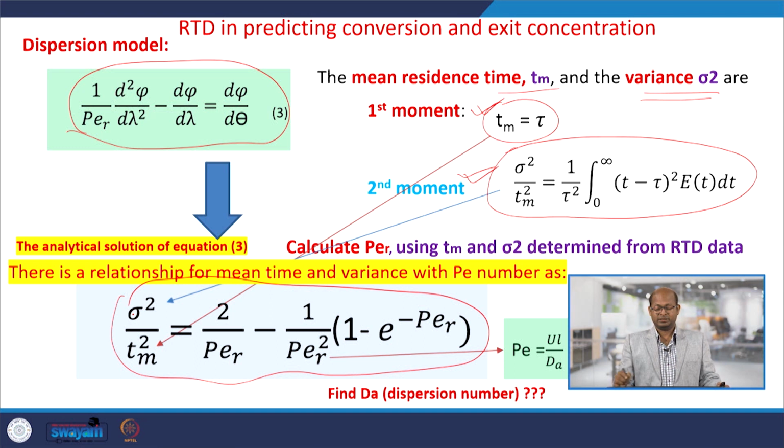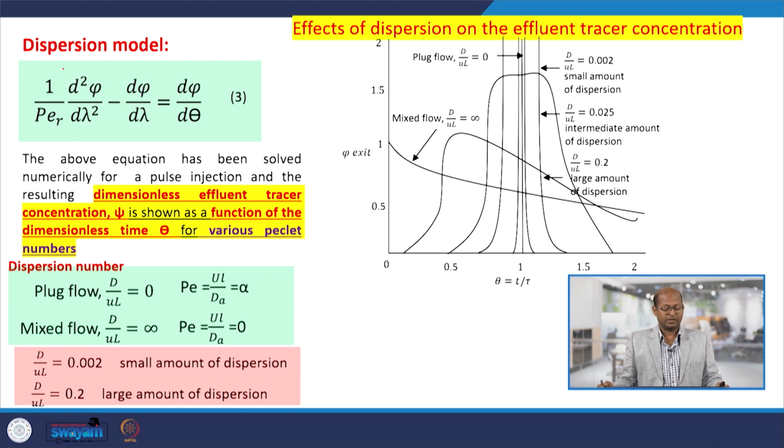Using these correlations and the tracer test we can find these two and substitute them here. We will get the Peclet number, and then we can use the Peclet number to solve these equations numerically. If we solve them numerically, what would be the results?